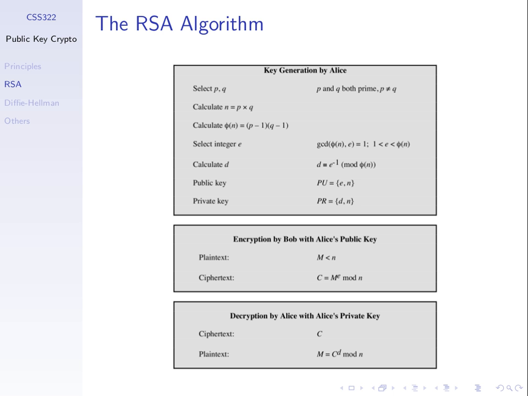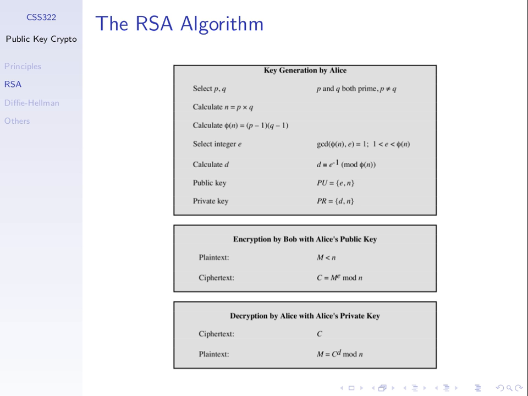You would go through these steps and find your public key and your private key. You can then tell everyone your public key, your values of E and N, but you cannot tell anyone your value of D. Again, the private key we say is made up of D and N, but N is not secret because N is also in the public key.